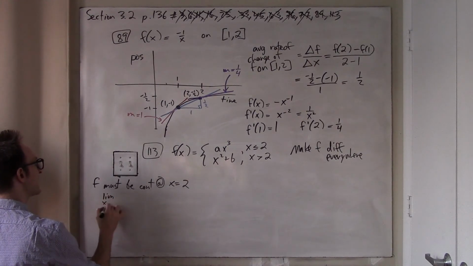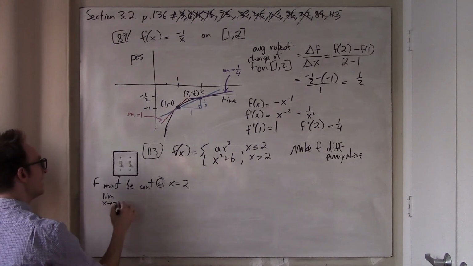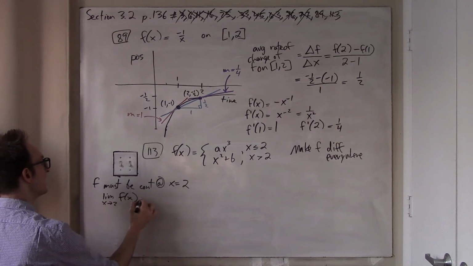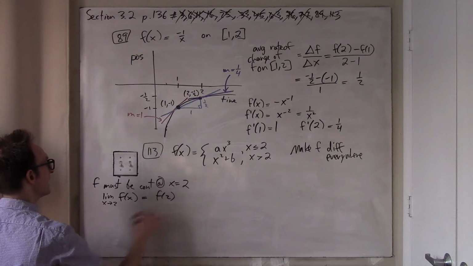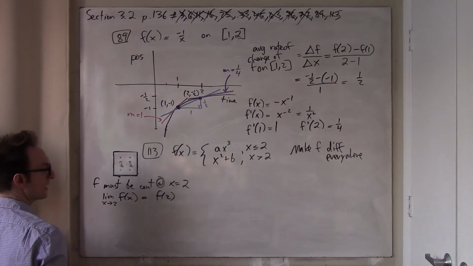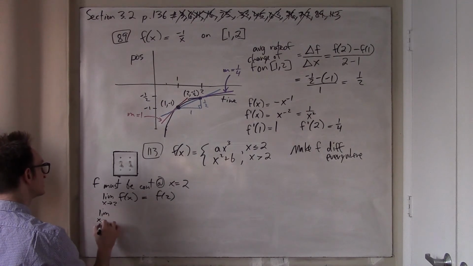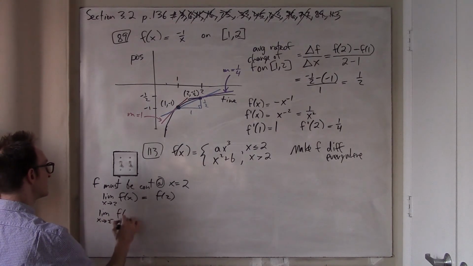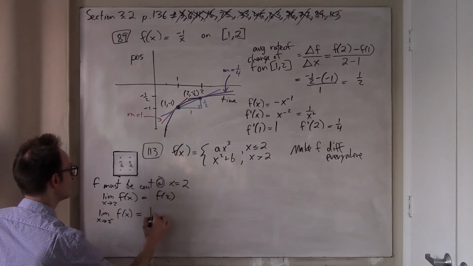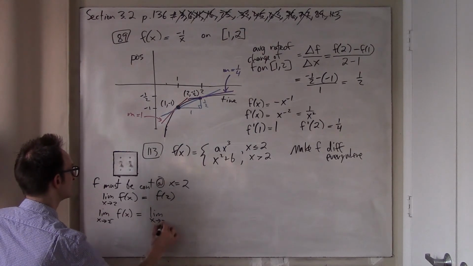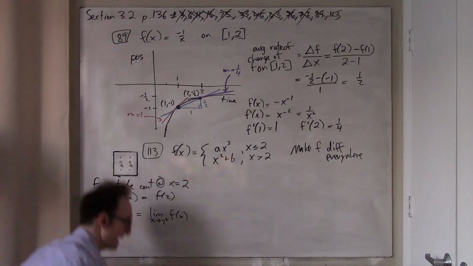The limit as x approaches 2 of this function has to equal f of 2. And also, the limit has to exist. In other words, the limit as x approaches 2 from the left of this function has to equal the limit as x approaches 2 from the right of this function. And so, in other words, the pieces have to meet.